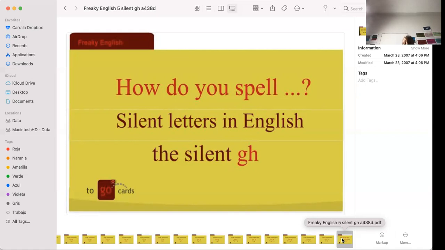Sometimes the GH has no sound in the respect that the G is pronounced, but not the H. So we're talking about the silent GH. You know, I'm thinking about the word burrows. Staten Island, Manhattan, boroughs. That's also spelled with a GH. And bow or bow is also.